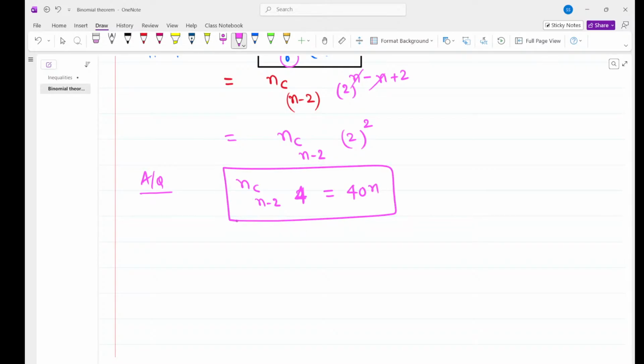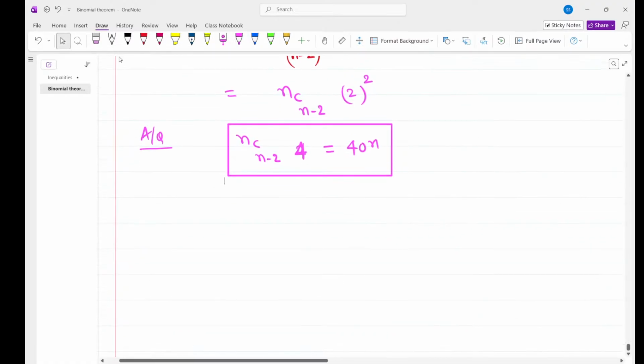So now we should be relaxed. But what do you do with the C? I'm solving. For that, we have discussed what is the expression for nCr. Have you remembered the general expression for nCr?